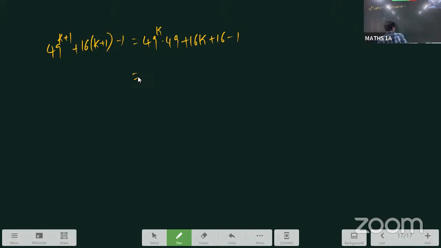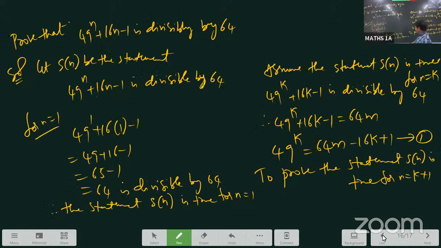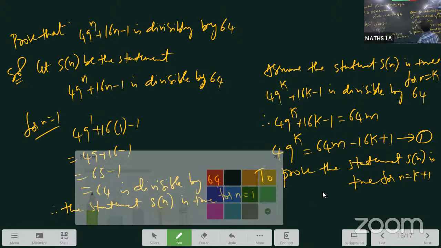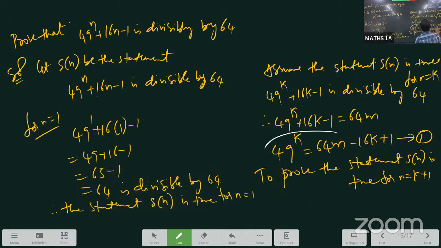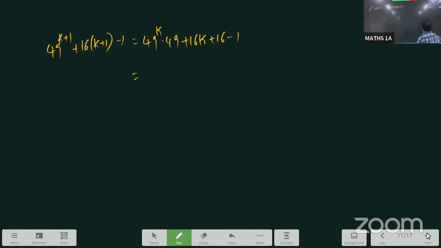Now, what is 49 power k? Your 49 power k, you are going to replace with that: 64m minus 16k plus 1, correct?